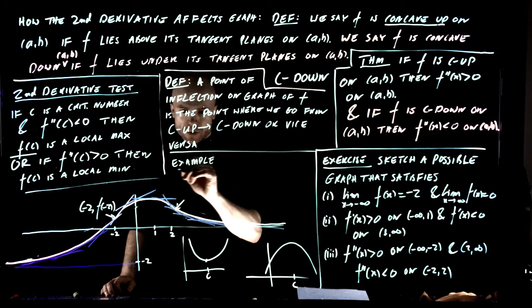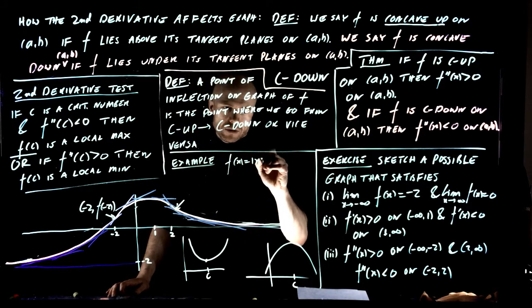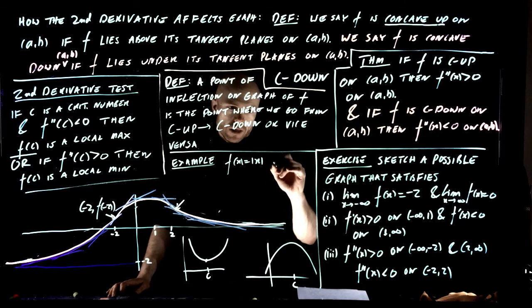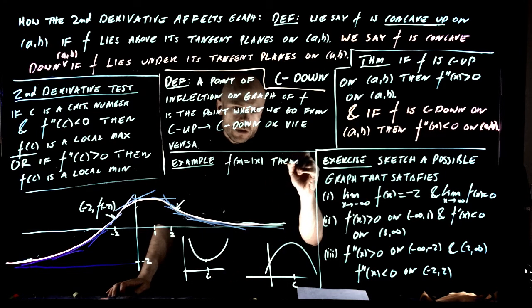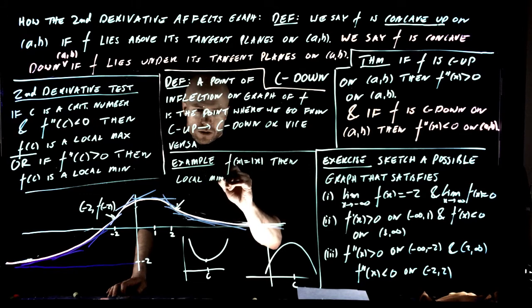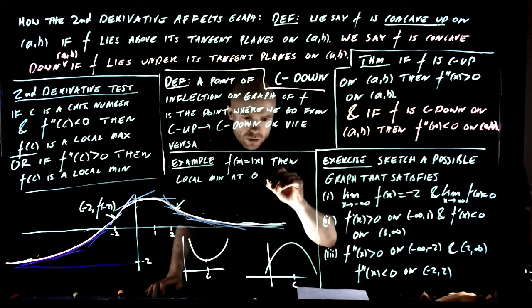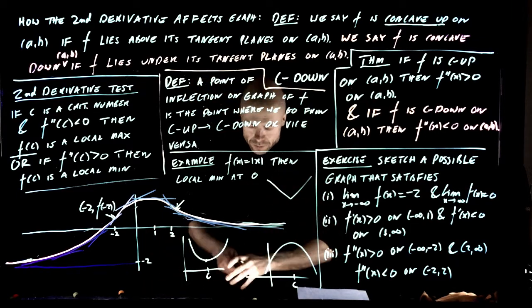There's plenty of examples. If we have f of x is just the absolute value of x, right, then there is a local min at 0, because what does this look like? It looks like this, right?